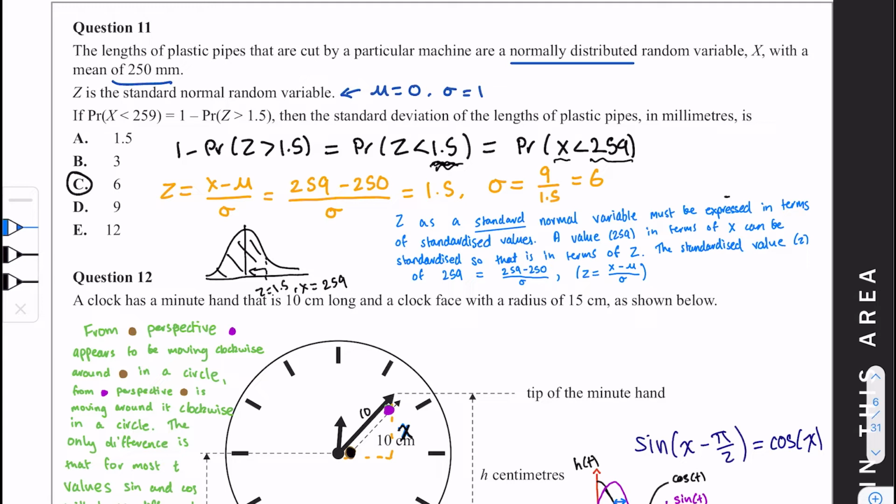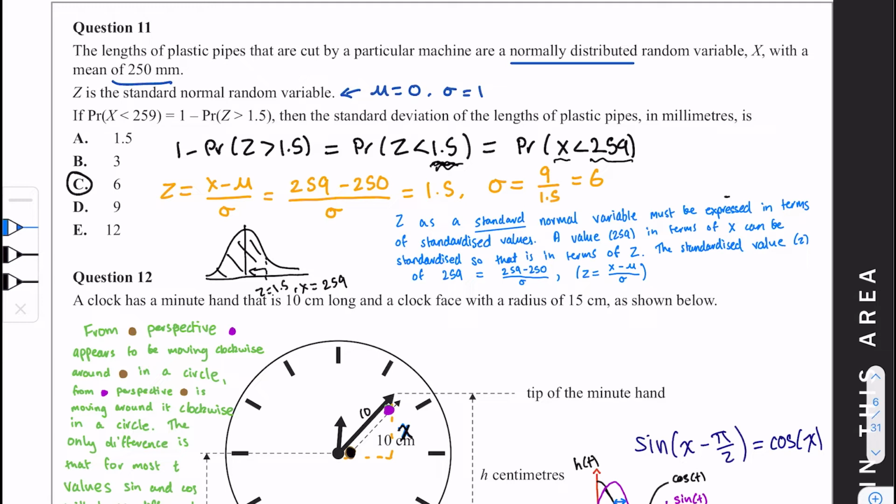So now we want them in terms of the same variables. z is a standard normal variable, so it must be expressed in terms of standardized values. So this value, 259, in terms of x can be standardized so that it's also in terms of z. The standardized z value of 259 is equal to 259 minus 250 over the standard deviation.